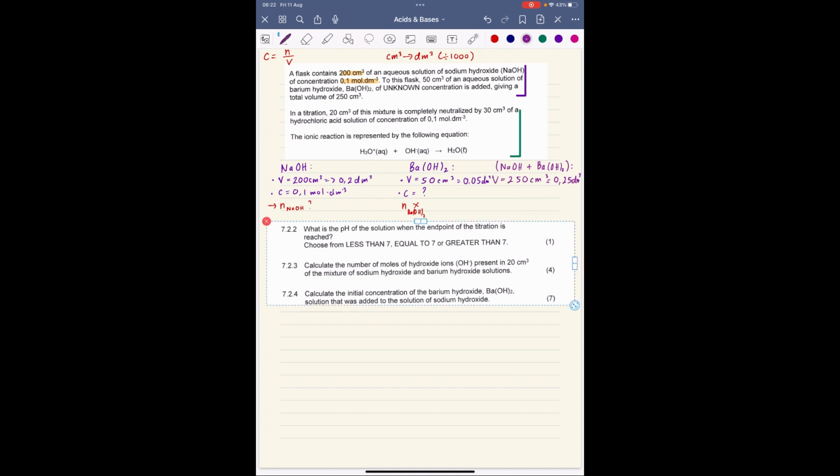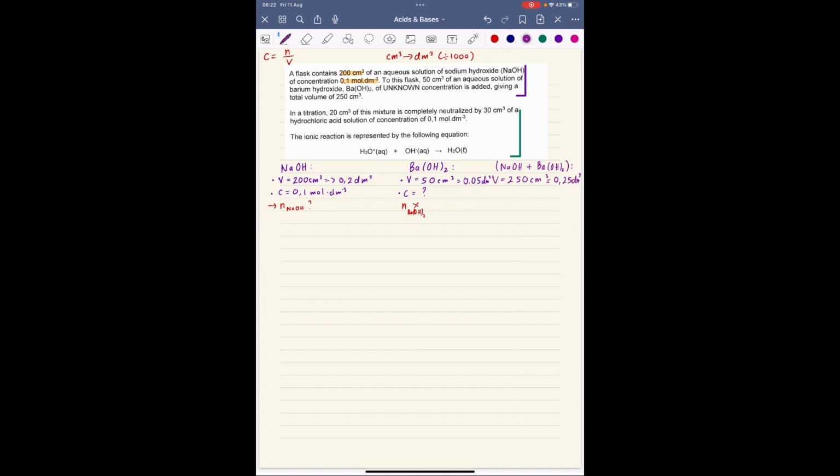Let's see what we know about the second reaction. If we come down to the second reaction, it says this is a titration. In a titration, 20 centimeter cube of this mixture is completely neutralized. Okay, let's start there first. So in the second reaction, I have this mixture here. So this is the first reaction.